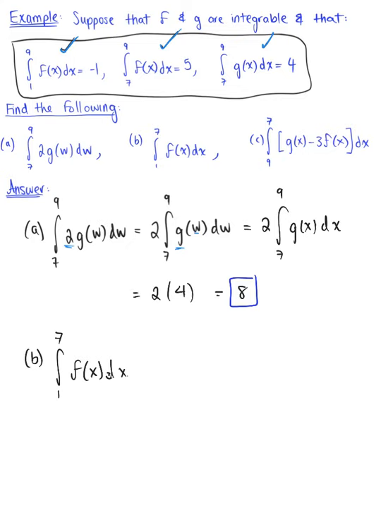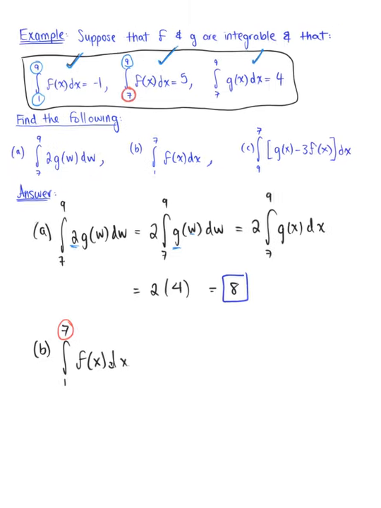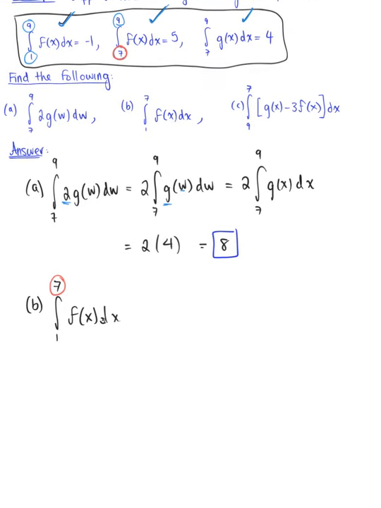Looking at the bounds, we realize we could manipulate this by the additivity property. Our definite integral has an upper bound of 7, and the second definite integral given has a lower bound of 7. So we can manipulate this using the additivity property.